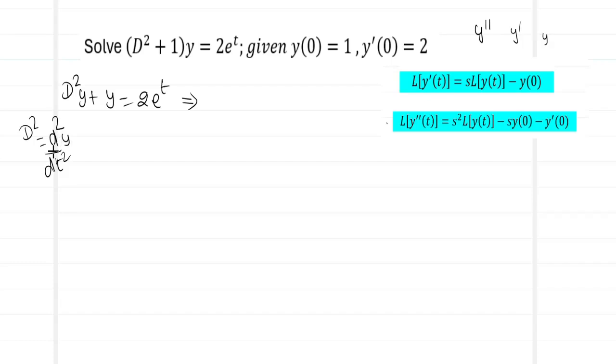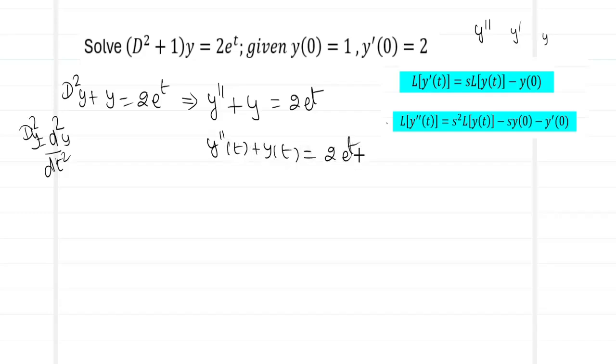So I can rewrite this as y double dash plus y, with no derivative, is 2e power t. Now I can rewrite this as y double dash of t plus y of t is 2e power t. How many orders are involved? It is a second order differential equation.